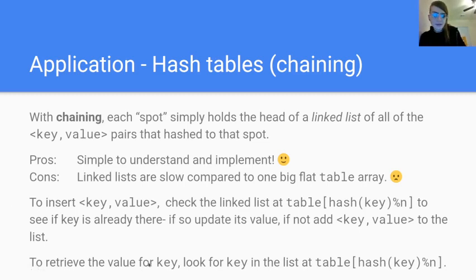To retrieve the value for a key, when you're doing get(key), look for the key in the list which is located at table[hash(key) mod n]. Yeah, so you just go to this location in the table, you see the head of a linked list, and you traverse the list looking for the key. That's our chaining scheme.